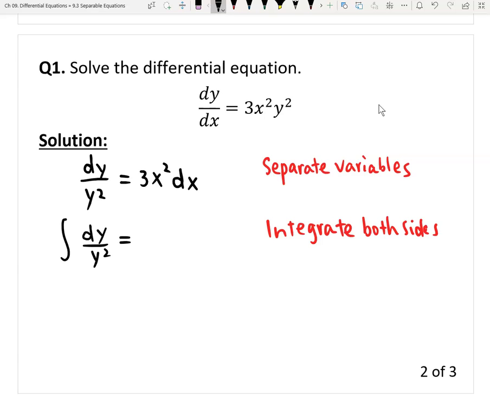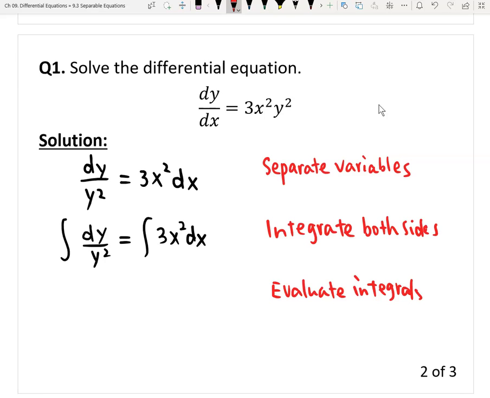We also get another indefinite integral on the right, which is this. Now what do we do? The third step is to evaluate, which is easy. We're just going to evaluate both integrals.